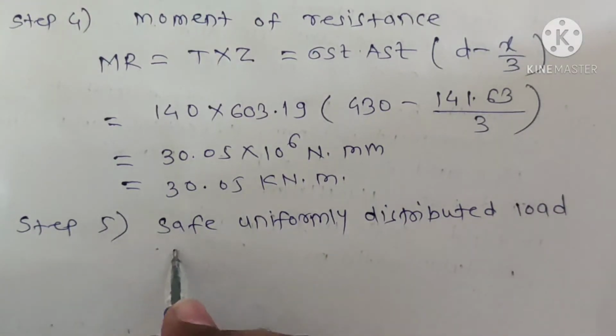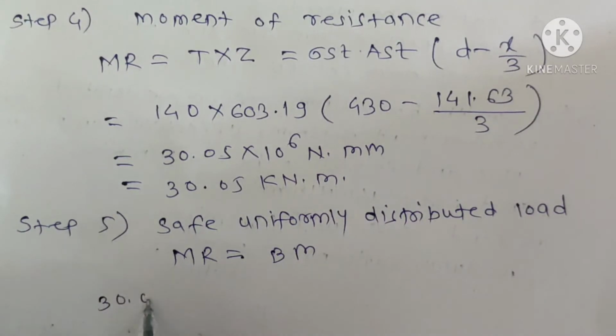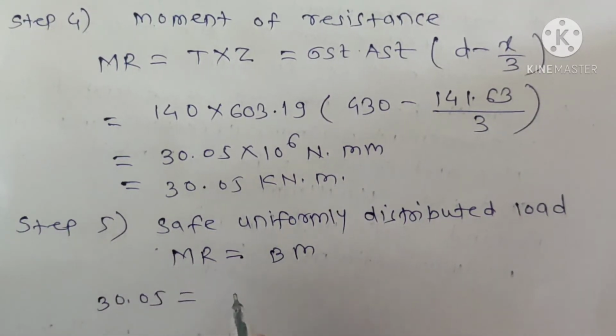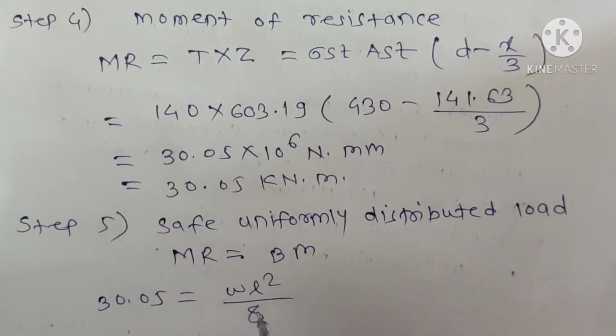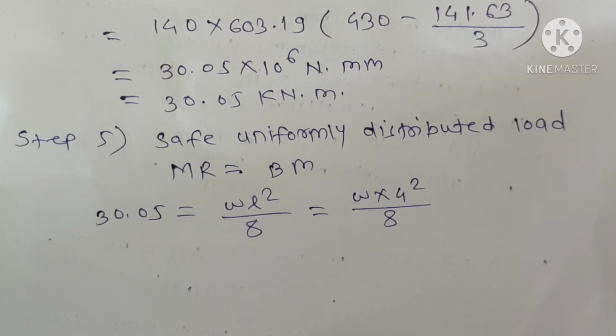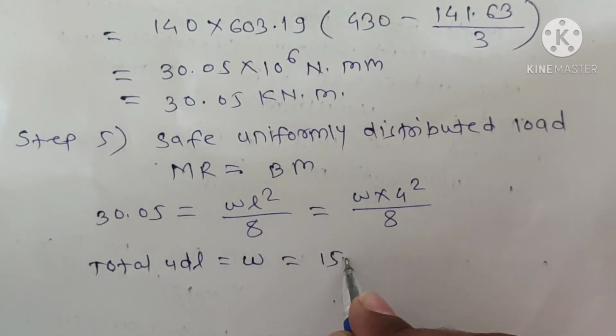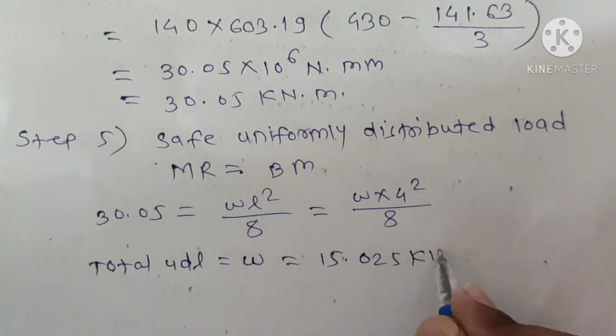Mr is equal to the bending moment, 30.05 is equal to W L square by 8, is equal to W into 4 square by 8. Total UDL W is 15.025 kilonewton per meter.